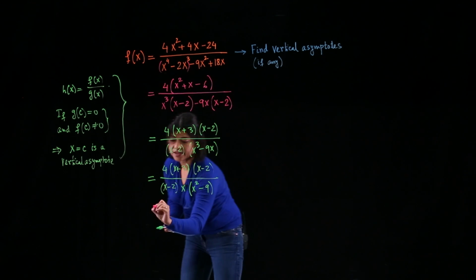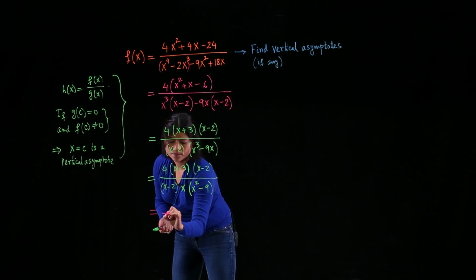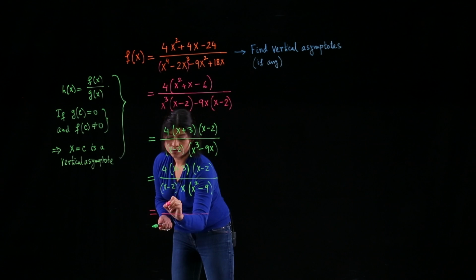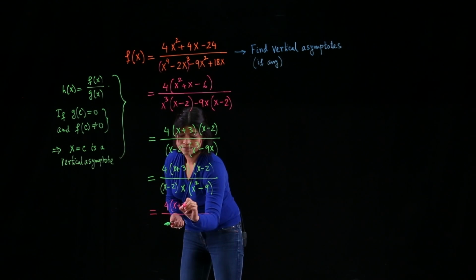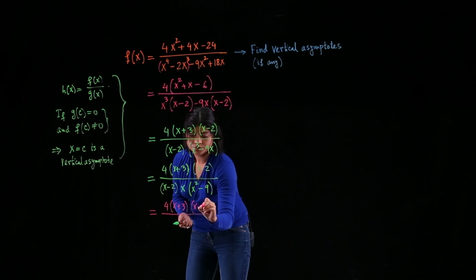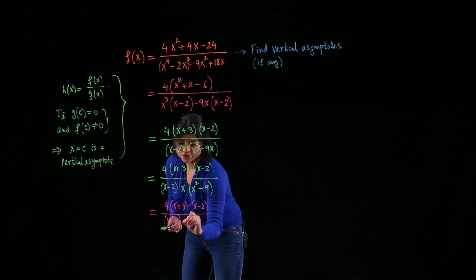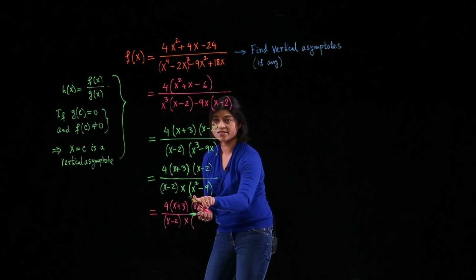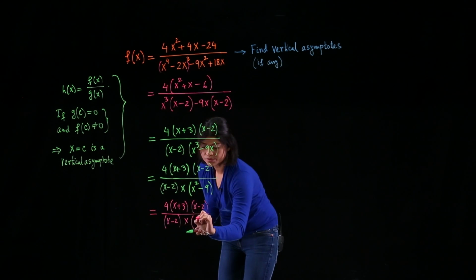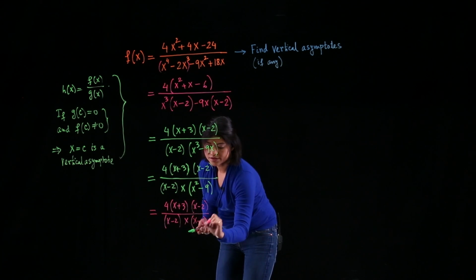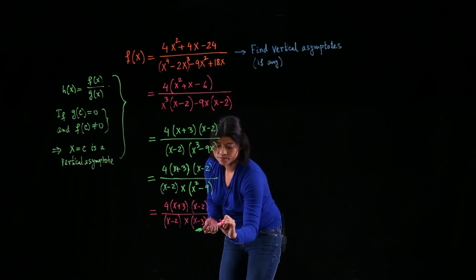So let's do one more step here. 4 times x plus 3 times x minus 2, divided by x minus 2 times x times, this is x squared minus 3 squared, so you will have x minus 3 times x plus 3.